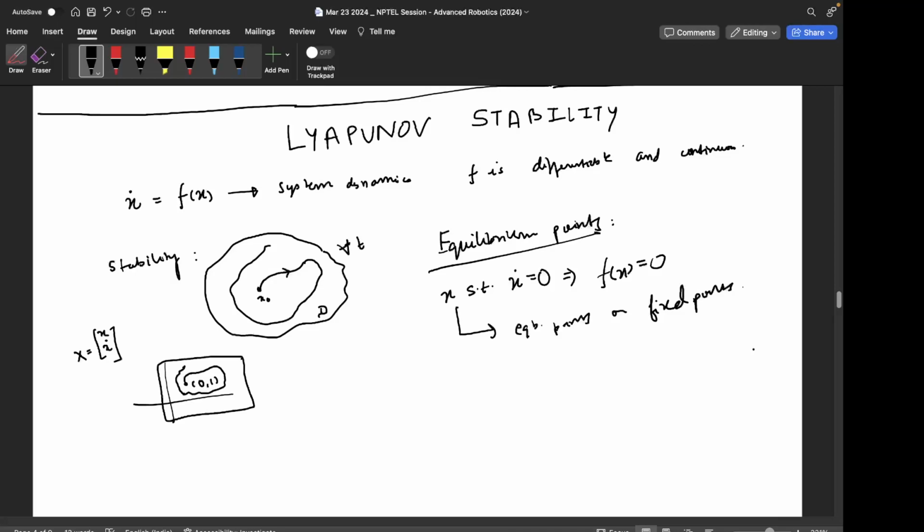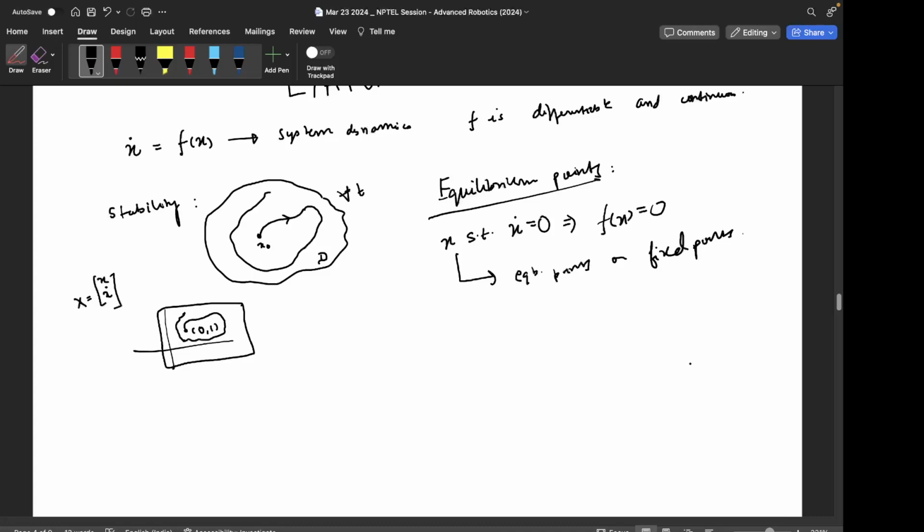Okay. Now equilibrium points can be of three types, right? It can be stable, it can be unstable, and it can be a saddle.